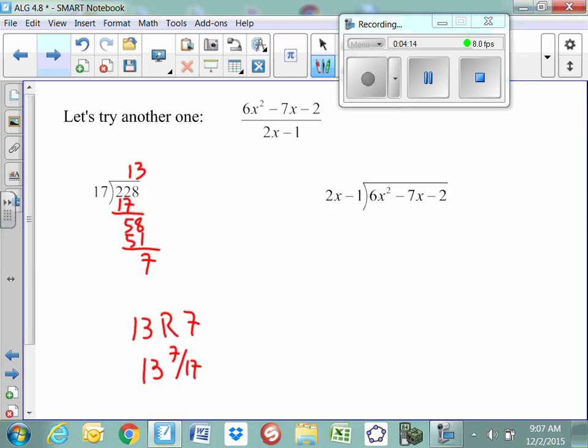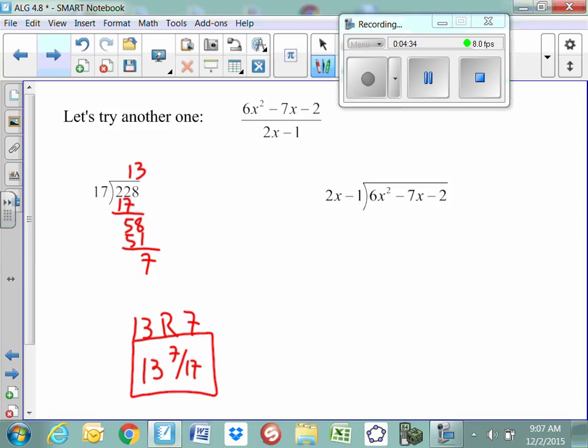Certainly, we know that we could just keep on dropping zeros and get a decimal approximation, but this is where we're going to stop for our analogy, so to speak. Let's see what happens when we do our work on the trinomial divided by the binomial.